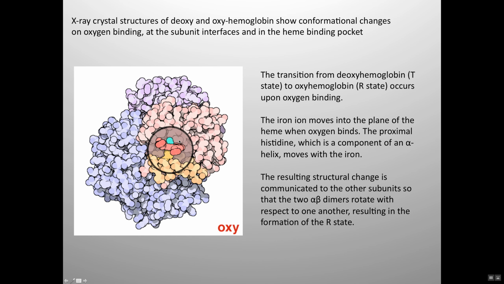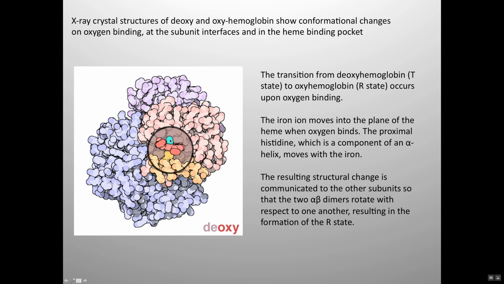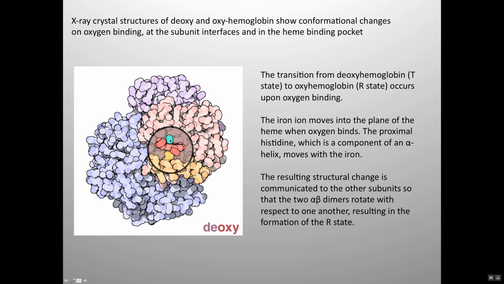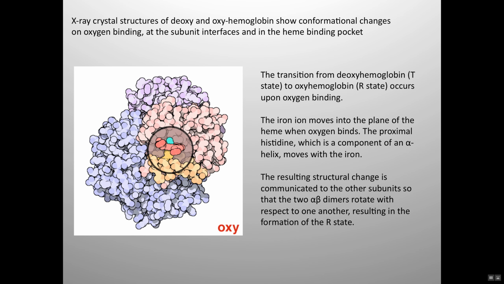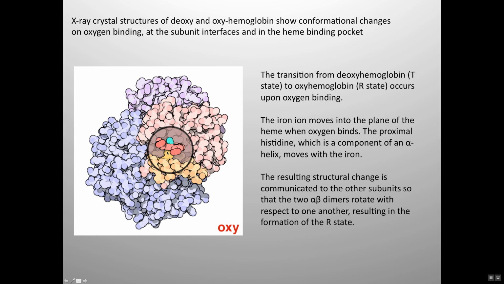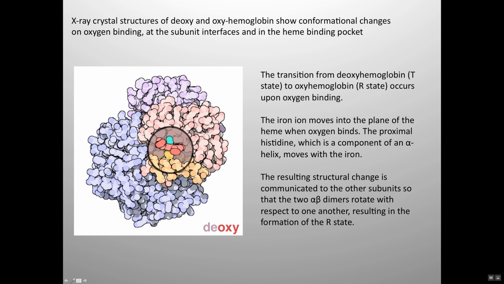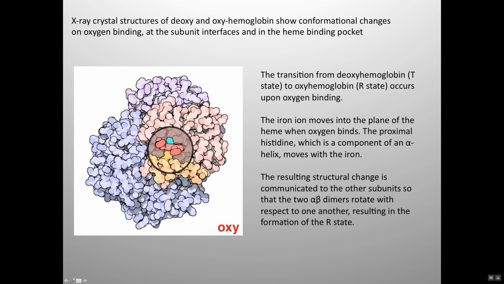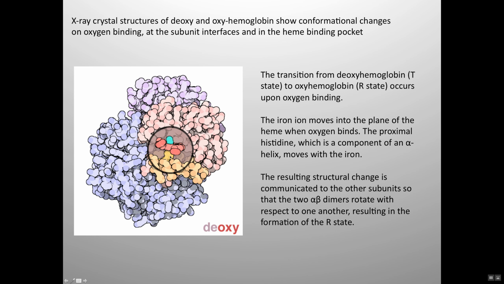The transition from deoxyhemoglobin, the T state, to oxyhemoglobin in the R state occurs upon oxygen binding. So remember, as oxygen binds, the iron atom moves into the plane of the heme. The proximal histidine, which is a component of an alpha helix, moves with the iron. So if we look at this structure here, when oxygen binds, you'll see that the heme group shifts, and this thing that we're looking down at here in yellow is the proximal histidine.